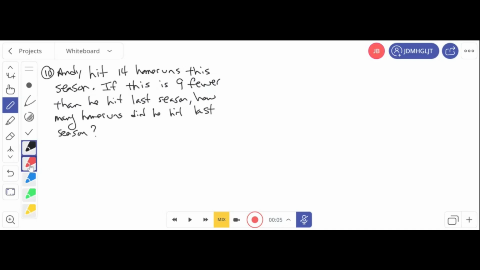Well, let's see how we work this. First thing we need to do, look at what we're being asked for. How many home runs did he hit last season? We have to be careful because we're not going to say that X is the number of home runs, because we also have home runs here.